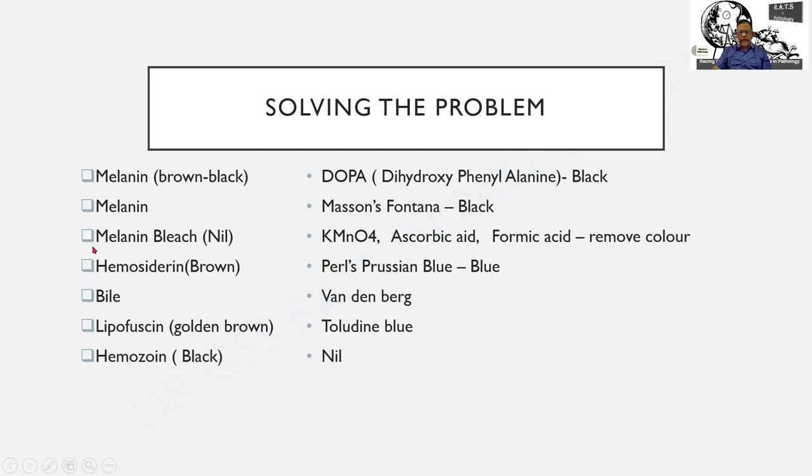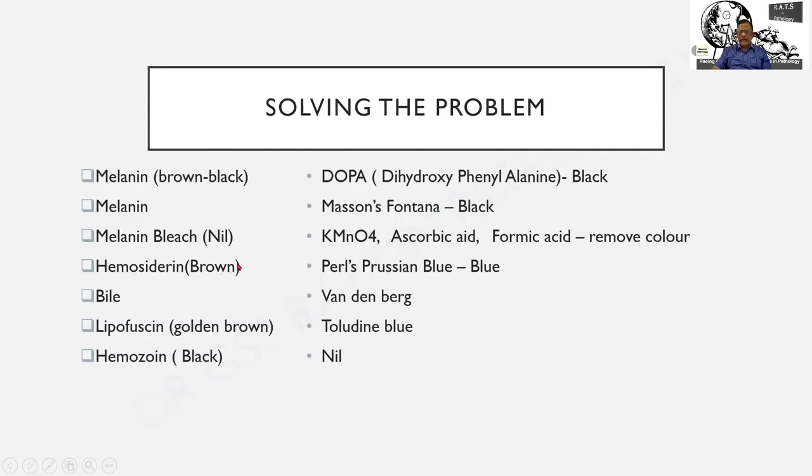Sometimes I will be finding a completely pigmented lesion. The melanin is pigmented, and so I will be confirming it by removing the pigment. That is called a melanin bleach. These are the substances that can be used: potassium permanganate, ascorbic acid or formic acid. So that completes melanin.